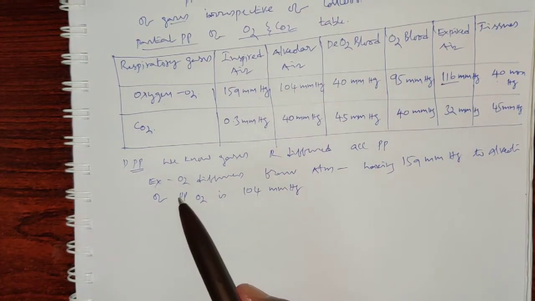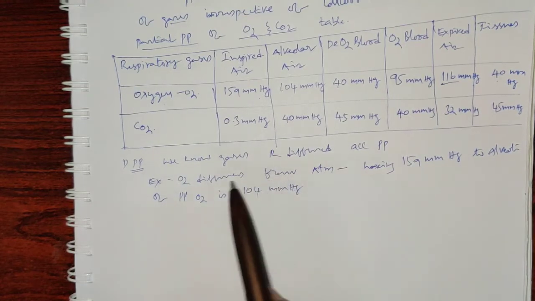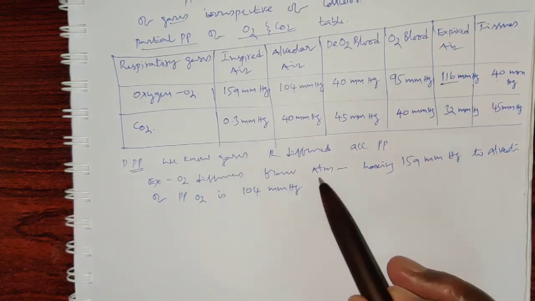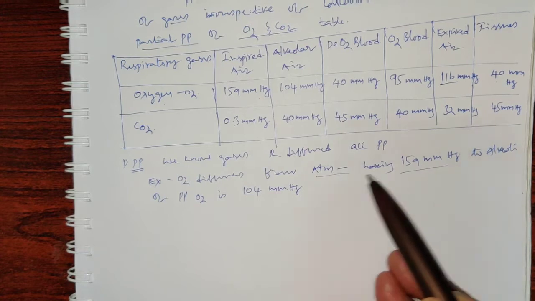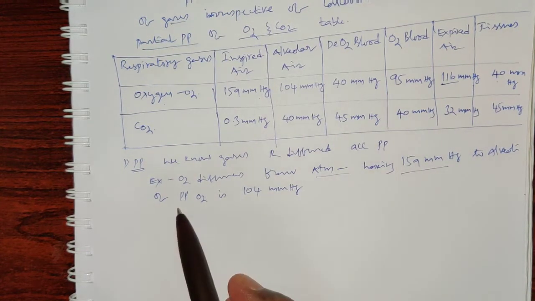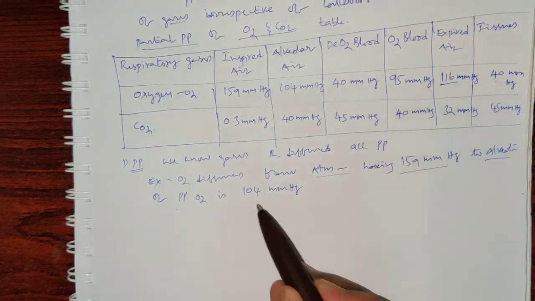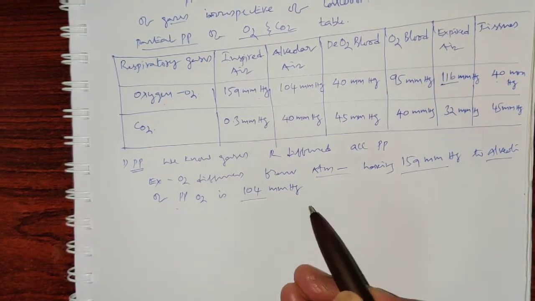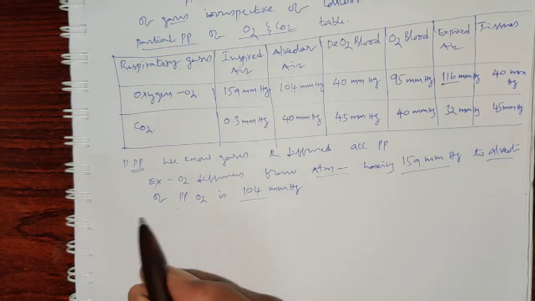So as we learnt, partial pressure gives concentration gradients. The atmospheric air has 159 mm of mercury partial pressure of O2, which diffuses to the alveoli of the lungs, containing 104 mm of mercury. The pressure difference is 159 here, 104 there.